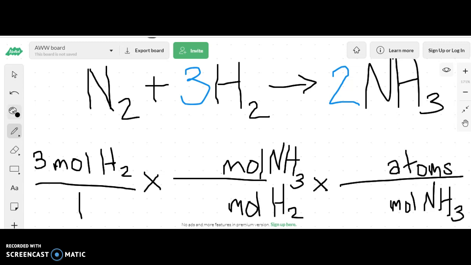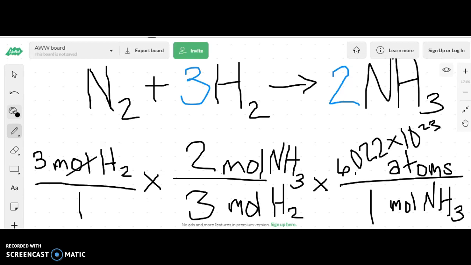Okay, so now we can fill in those blanks. We have 3 moles of hydrogen, 2 moles of ammonia in there. And then in 1 mole of ammonia, we have 6.022 times 10 to the 23rd, like we discussed at the beginning what 1 mole equals. Then all our units cancel, and we're left with atoms of ammonia.